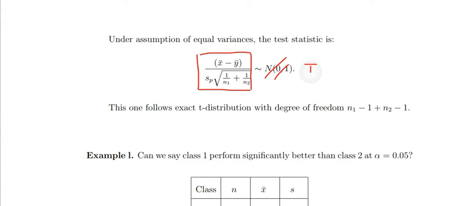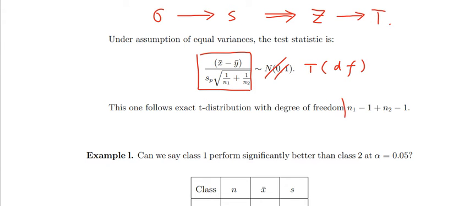Follow T. So replace sigma by S, then the standard normal becomes T, right? So this T's degree of freedom is this: add them up, n1 minus 1 plus n2 minus 1, the sum of the degrees of freedom.